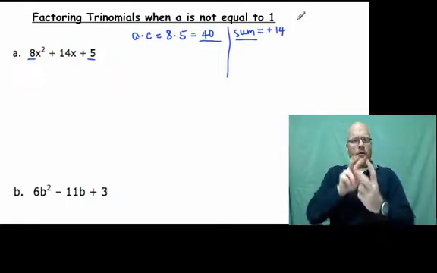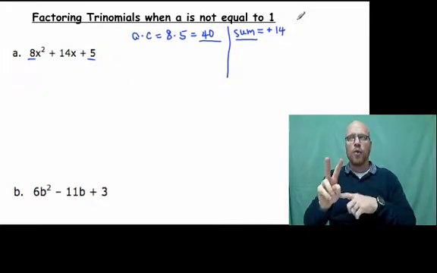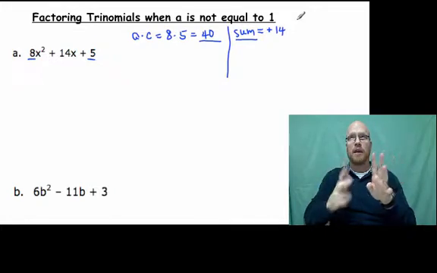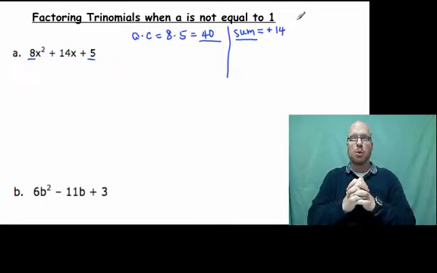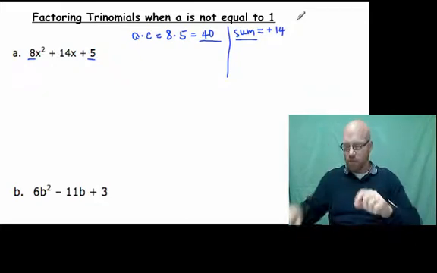So we need factors of 40. 1 and 40, divided by 2, we got 2 and 20. Can't divide by 3. You can divide by 4. Okay, that's 4 and 10. Let's go with those. See what we figure out.